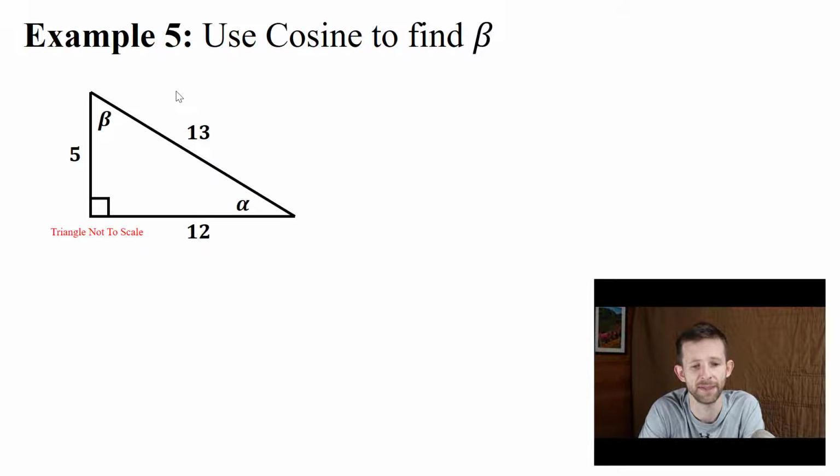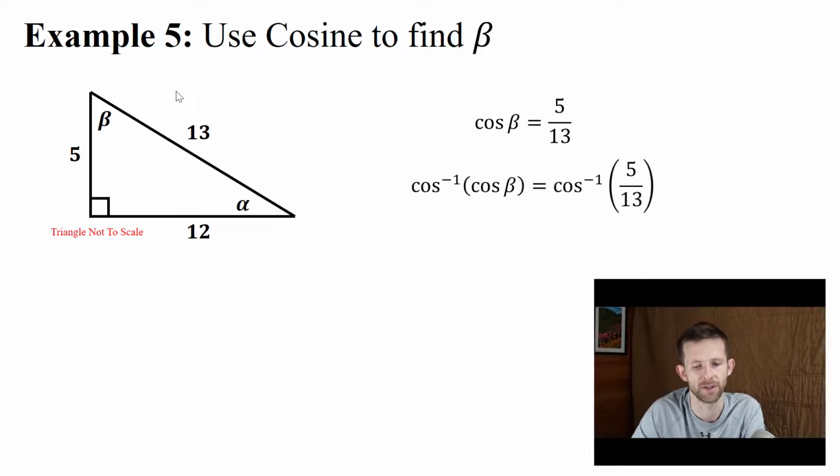For my fifth example, I want to use cosine to find the measure of angle beta. So cosine is adjacent over hypotenuse. Cosine of beta is 5 over 13. The way I get rid of cosine is to take the inverse cosine of both sides. That gives me beta by itself.